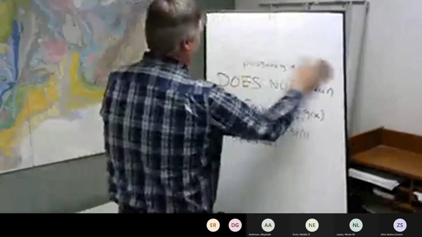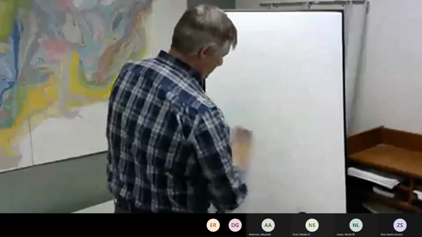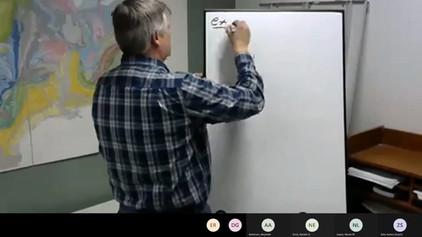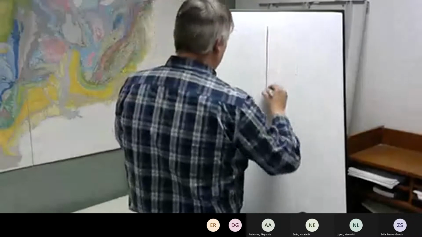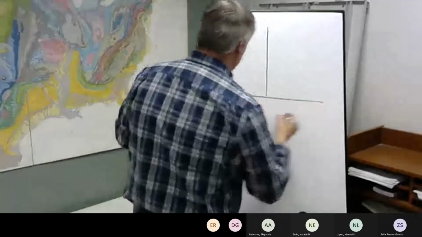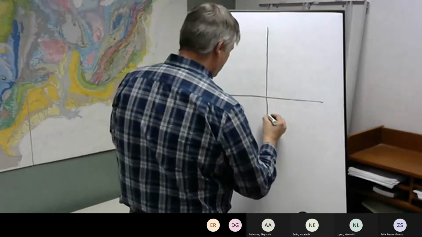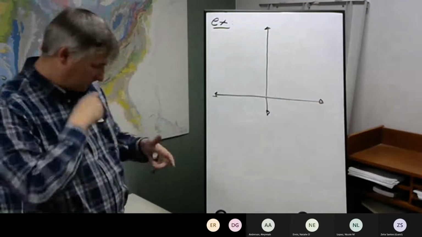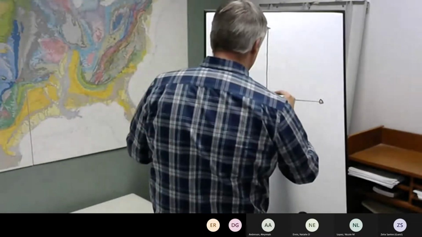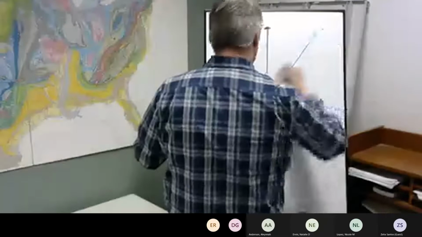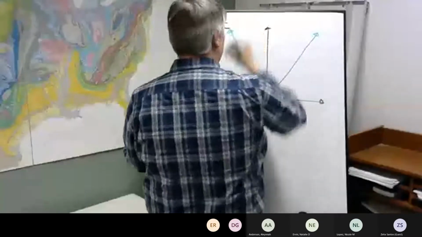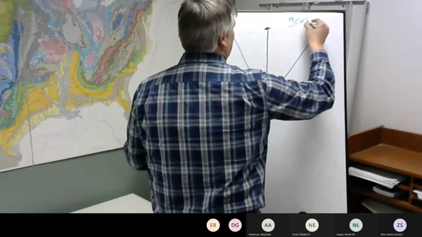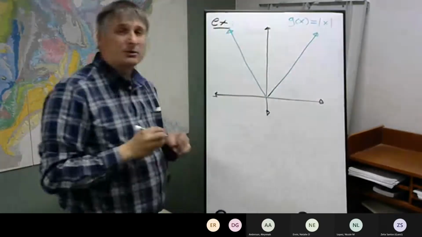So let's say we have g of x is the absolute value of x.